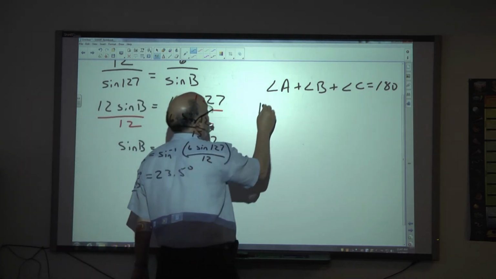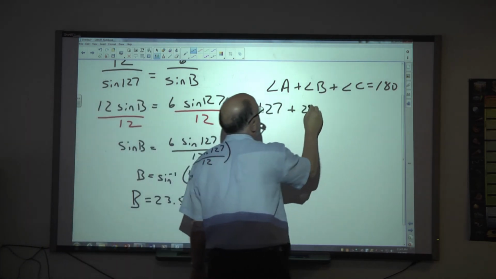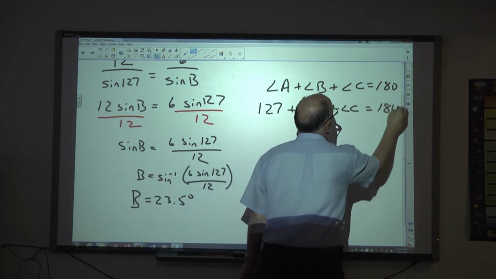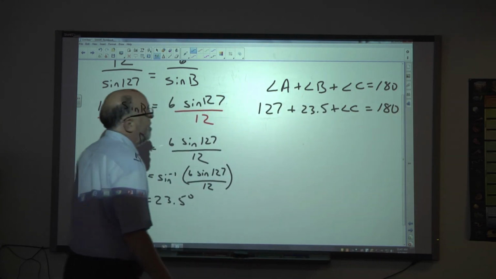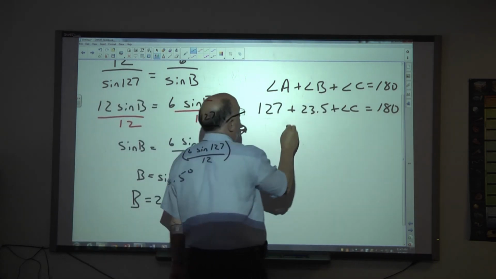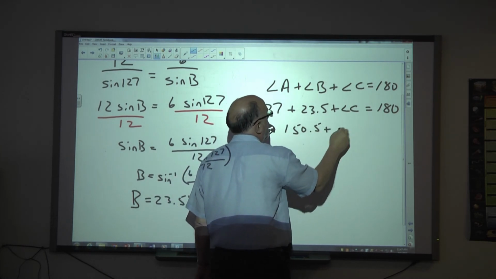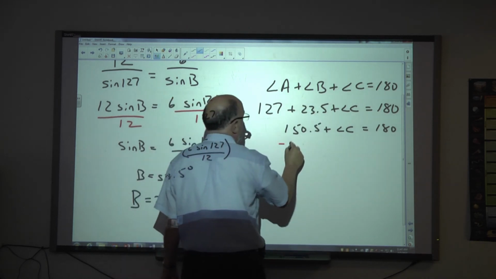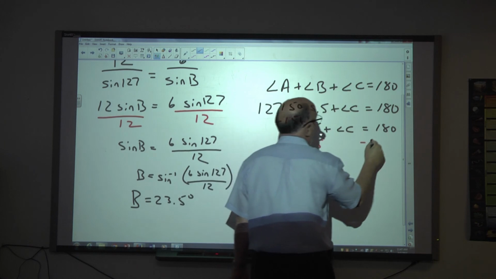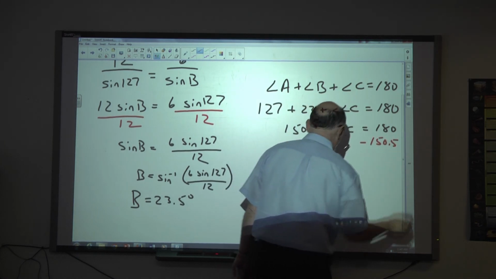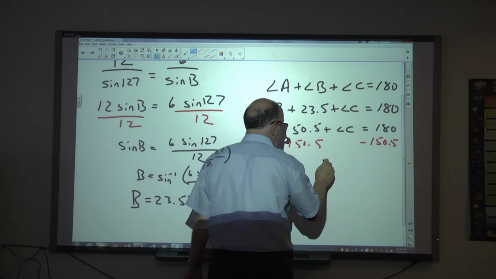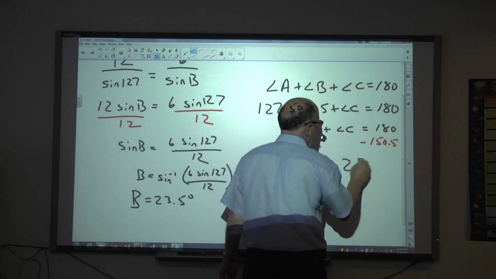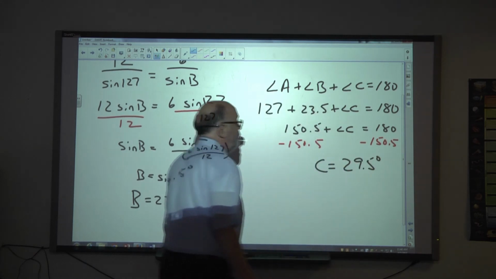We know this is 127, we now know this is 23.5, and so we can find angle C because we know the sum has to be 180. 127 plus 23.5 is 150.5, so we can subtract, and we get that angle C is going to be 29.5 degrees.